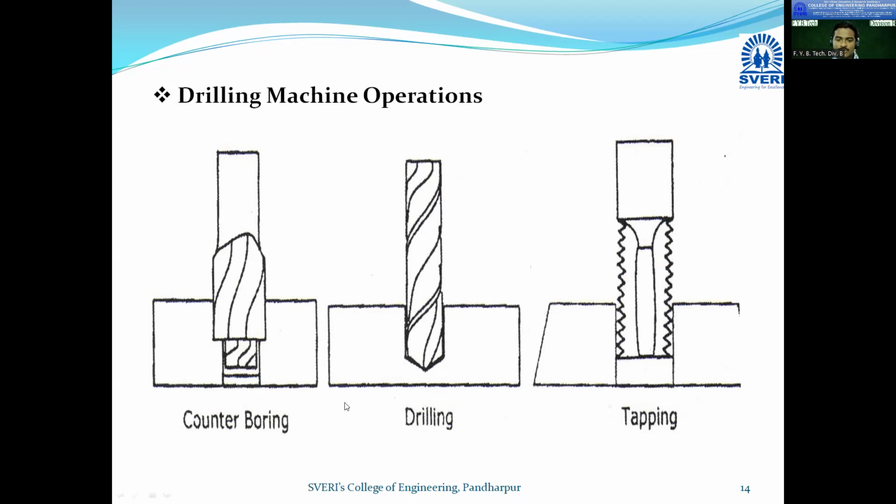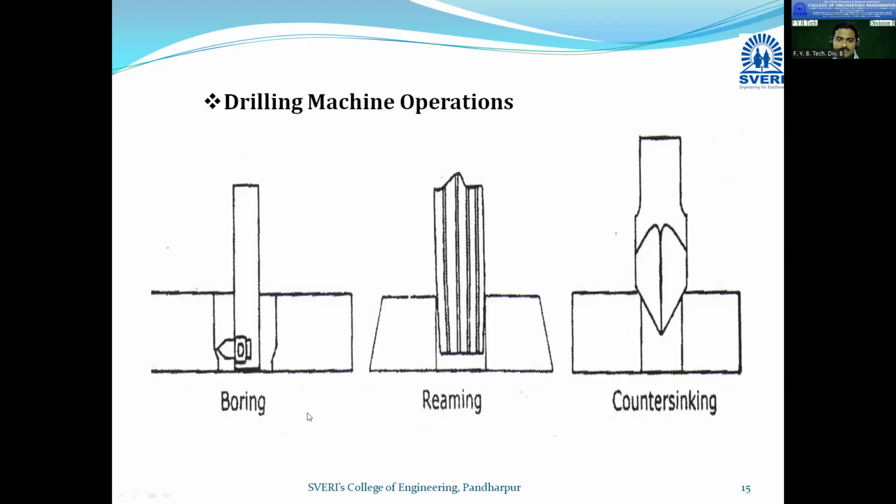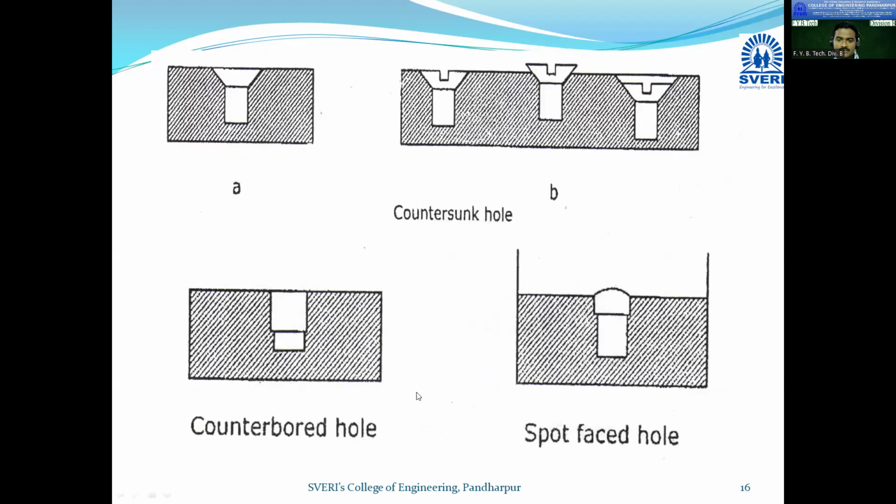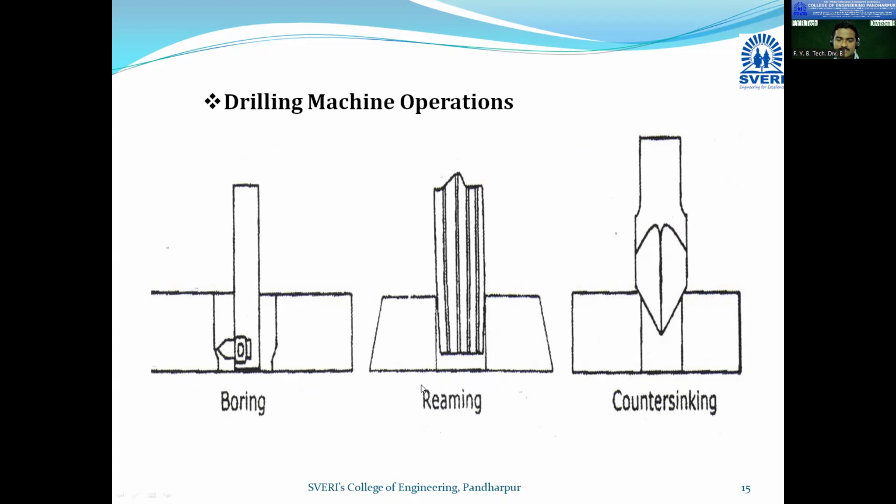There is a counter boring operation, drilling operation, tapping operation. Boring operation, then there is a reaming operation, counter sinking. These are the operations that can be performed using a drilling machine. We'll see the operations step by step.